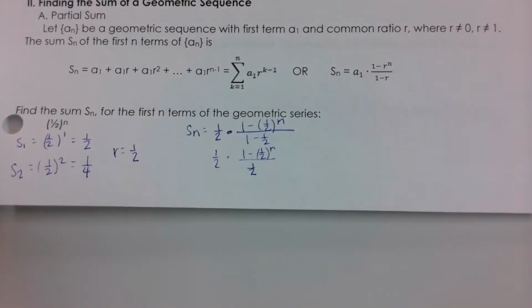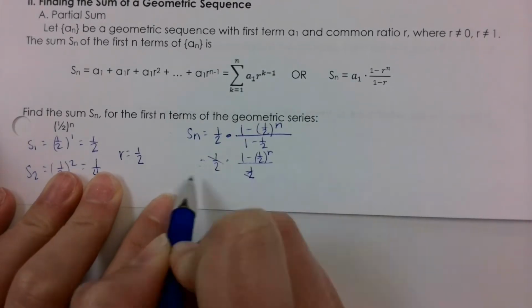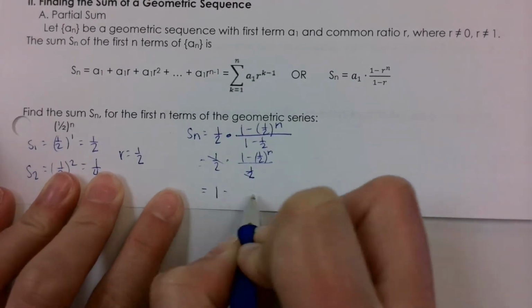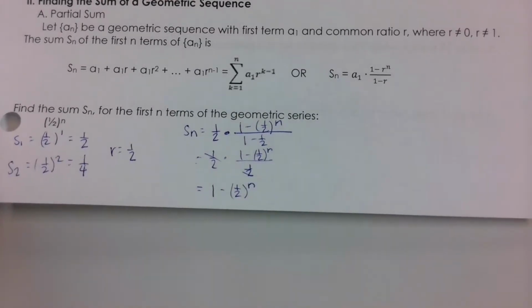And so then what happens with those 1/2s? They cancel. So really this whole thing is just 1 minus 1/2 to the n. And that's it. Questions there? So for those, you should try to simplify them as much as you can. And yeah, that's basically it.